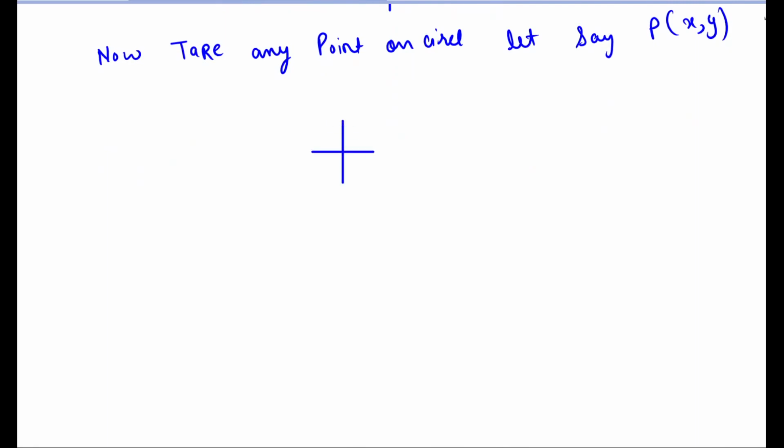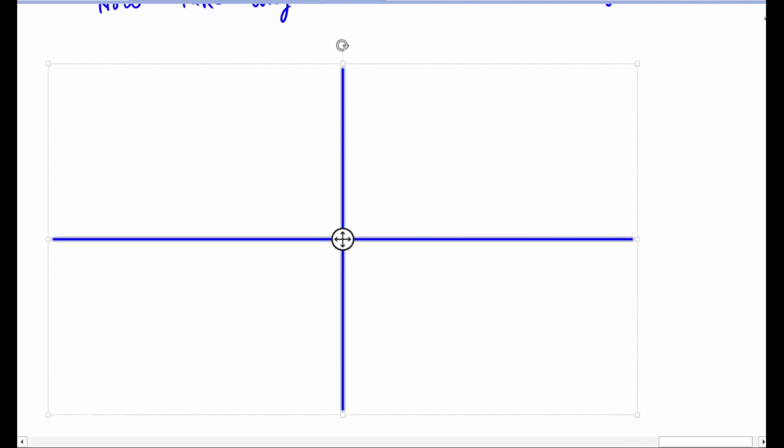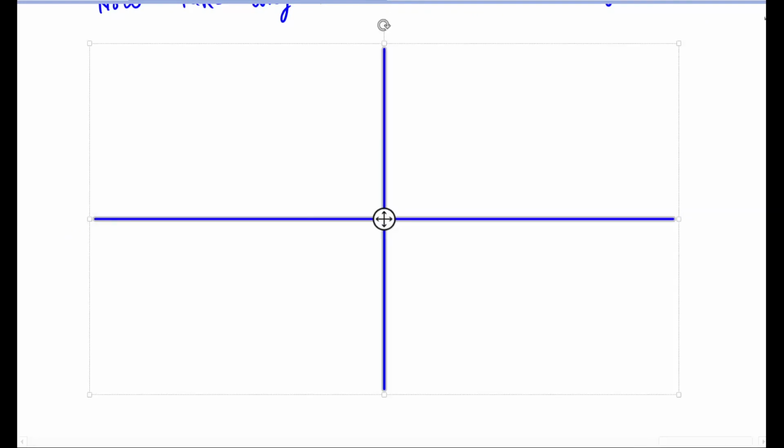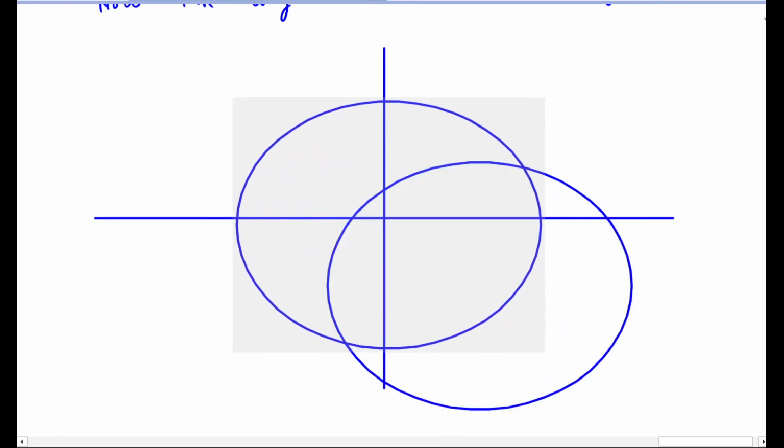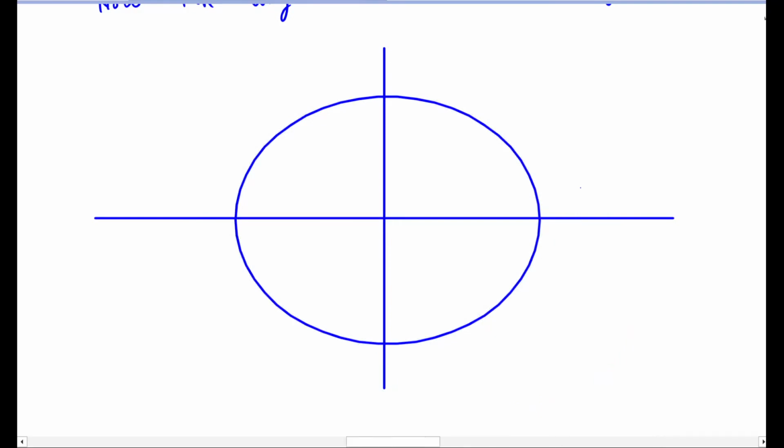This is a Cartesian coordinate system, and this is a circle of radius 1 unit, with points A, B, C and D. So if we plot, suppose this point is P, x comma y.